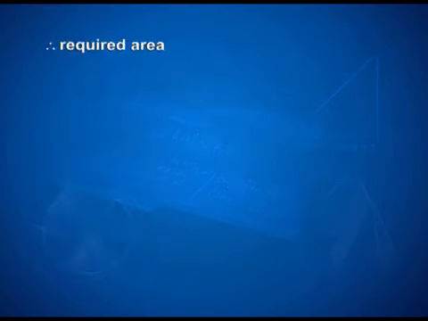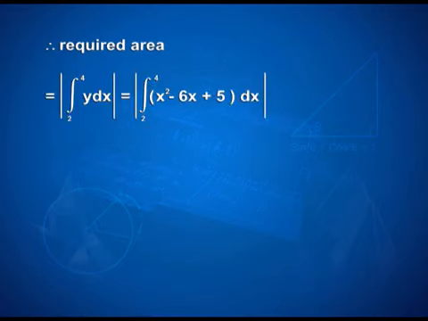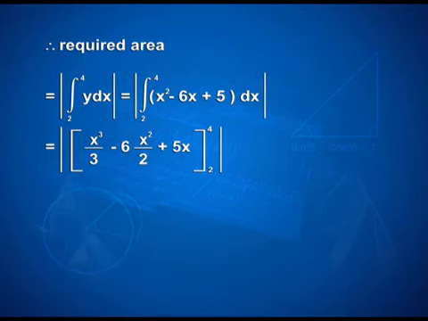Therefore, required area is equal to modulus of integral 2 to 4 y dx is equal to modulus of integral 2 to 4 x square minus 6x plus 5 into dx. That gives modulus of x cube upon 3 minus 6 into x square upon 2 plus 5x with limits 2 and 4.